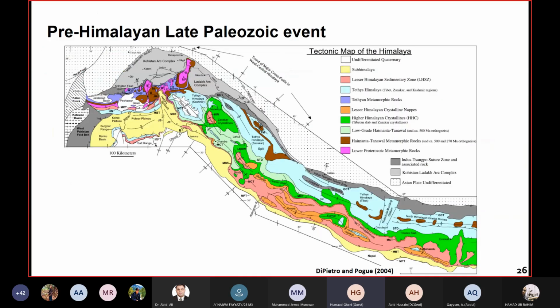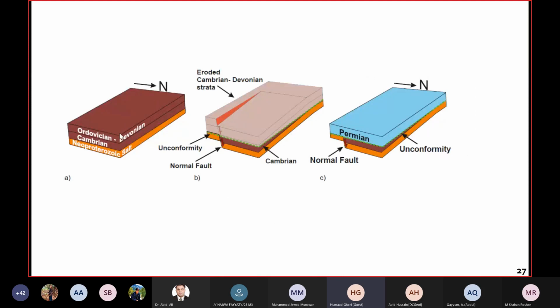So what was the late Paleozoic event? That was related to the late Paleozoic rifting that is widely reported in the Peshawar, in the Kashmir, and in the Zanskar area. What I assume is that after the deposition of Cambrian strata, on top of it we had deposition of Ordovician to Devonian strata, like what we see today in the Kohat, in the Potwar, in the Peshawar, and also in the Abbottabad ranges.